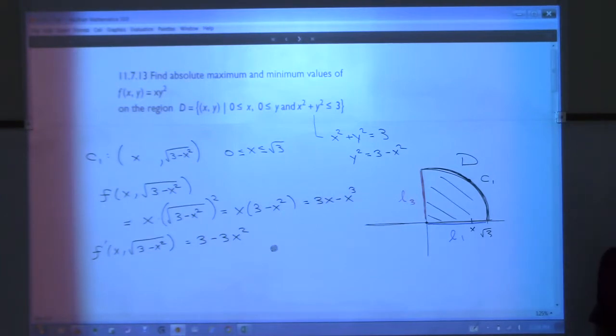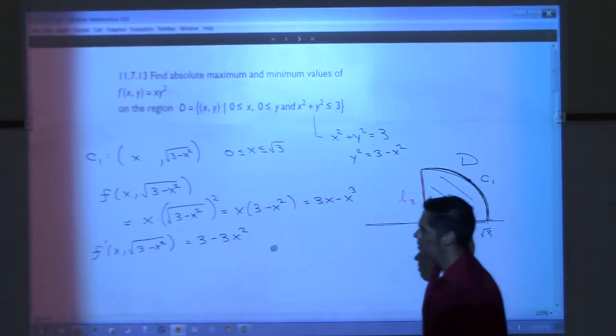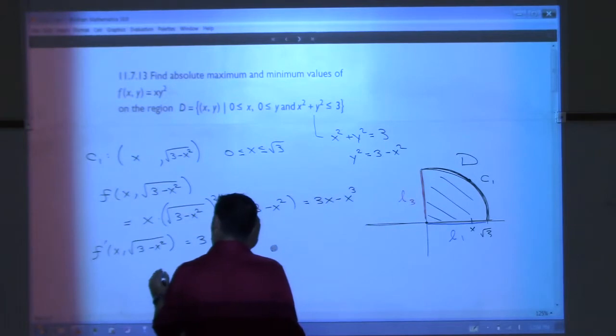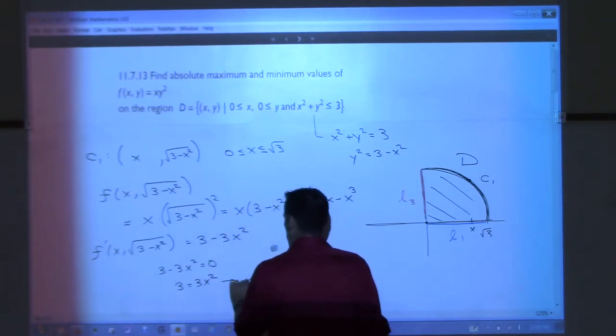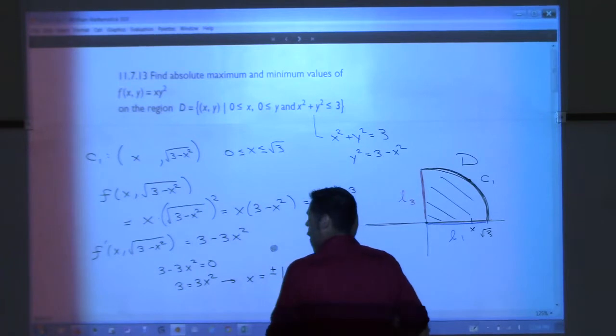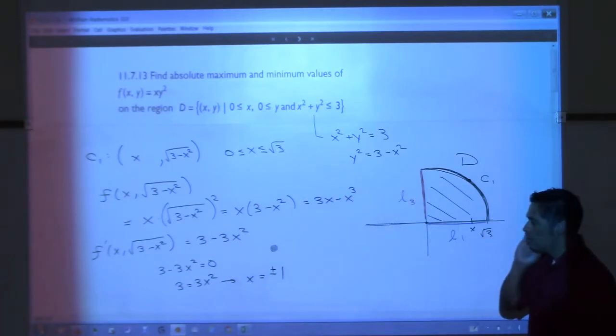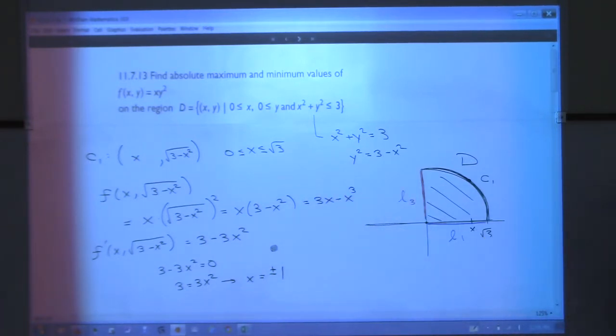And set it to 0. What happens if you set this to 0? You get 3 equals 3x squared. You get x is plus or minus 1. Now, can it be plus or minus 1? No. It can only be the plus 1, right?